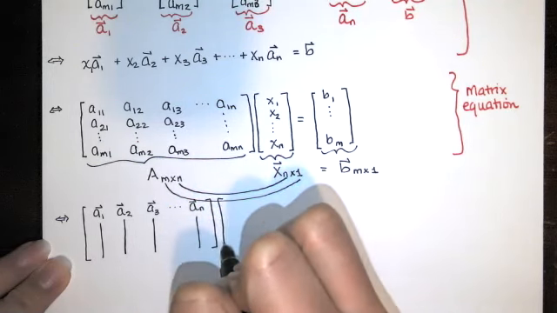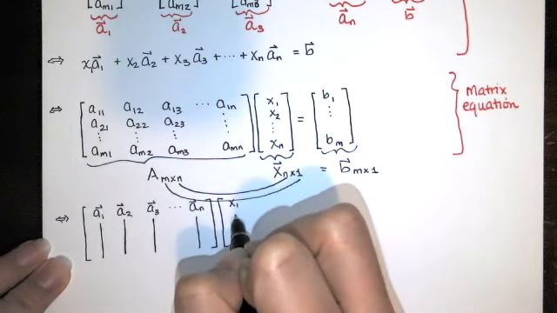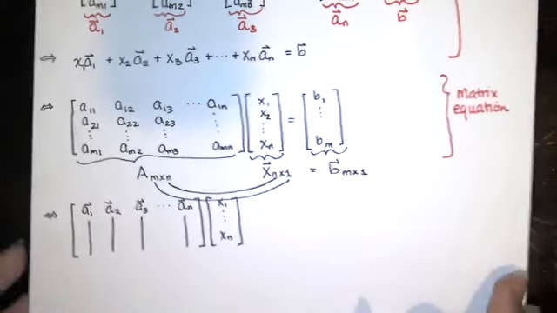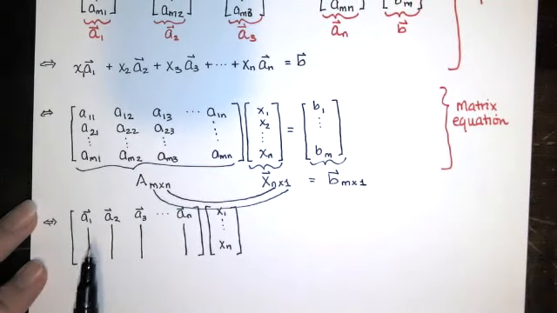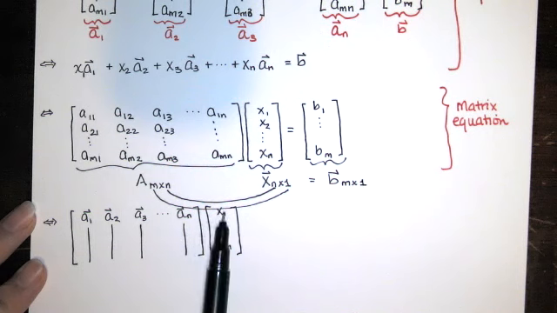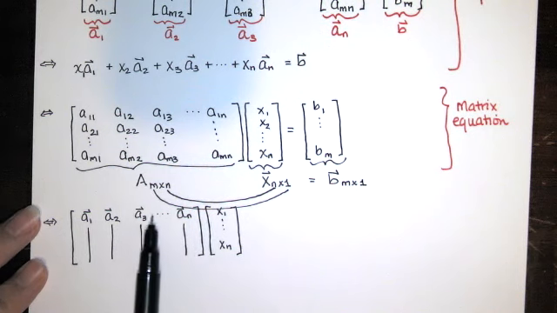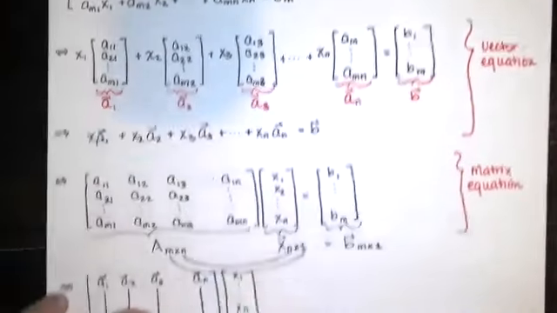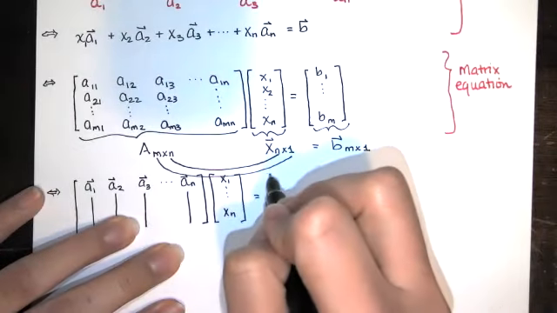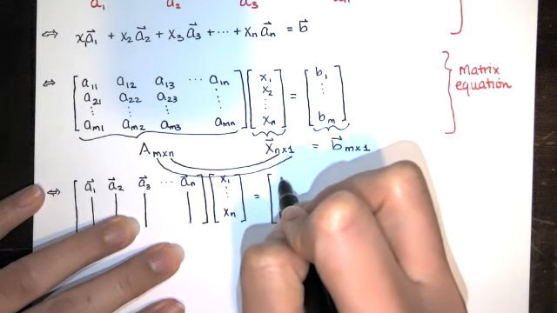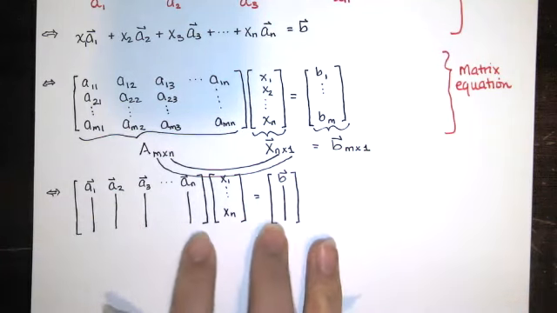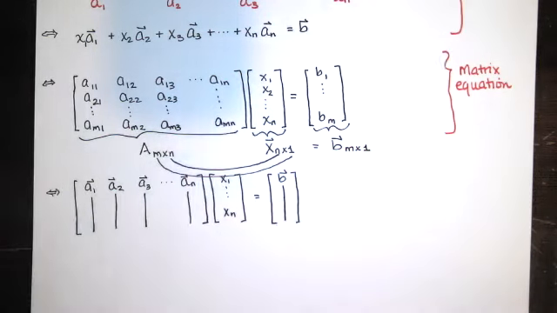I'm taking that and multiplying it by the vector x, which has these components, x sub 1 through x sub n. And if I do that, it turns out that that's equal to this times x1 plus this times x2 plus this column times x3 and so on, which is the expanded form of this. And that's equal to this vector b on the right-hand side. So this is another form of the matrix equation, just without all of those subscripts.